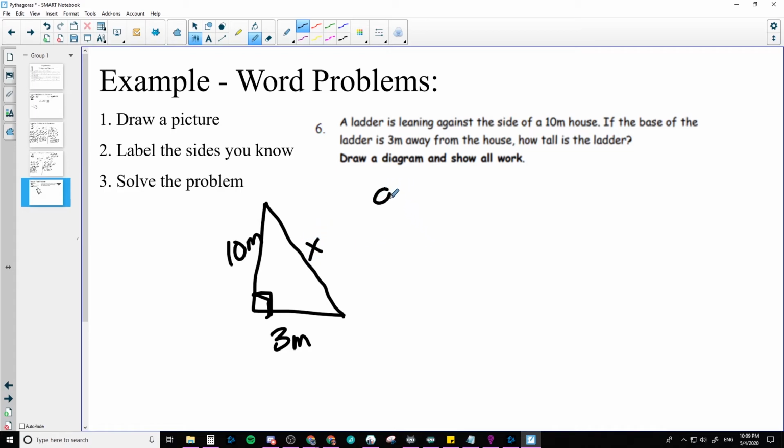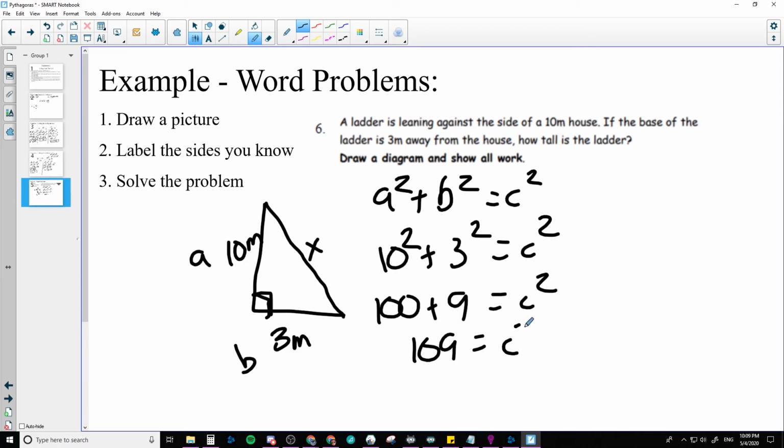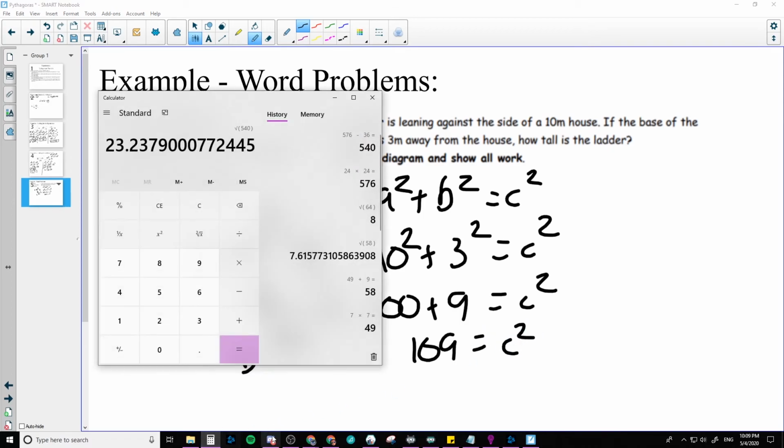So we can use a squared plus b squared equals c squared. All right, I'm going to call this one a, this one b. So 10 squared plus 3 squared equals c squared. That's 100 plus 9, so 109 equals c squared. We've got to square root that.